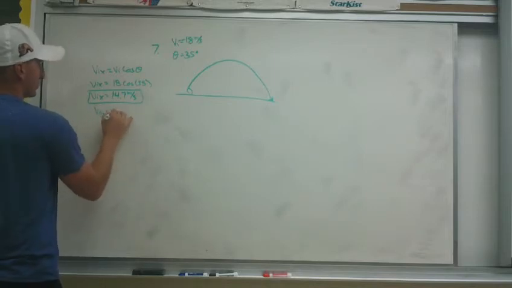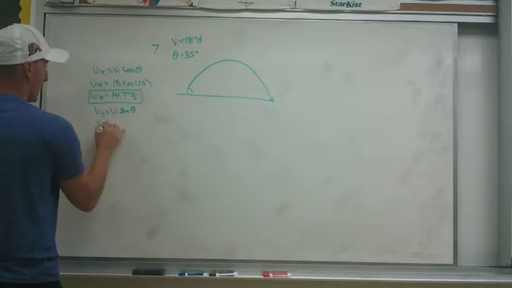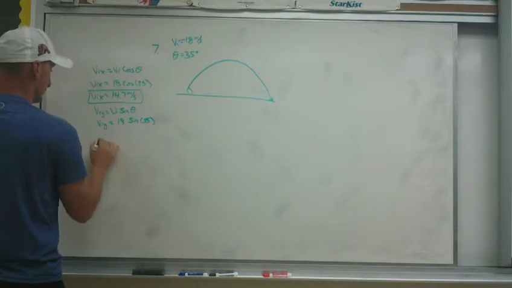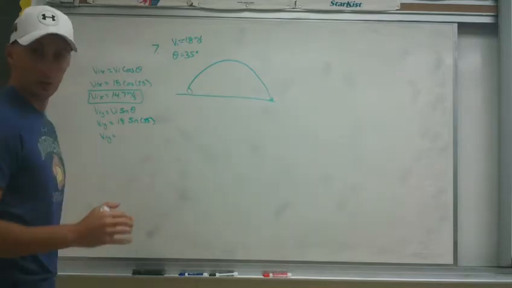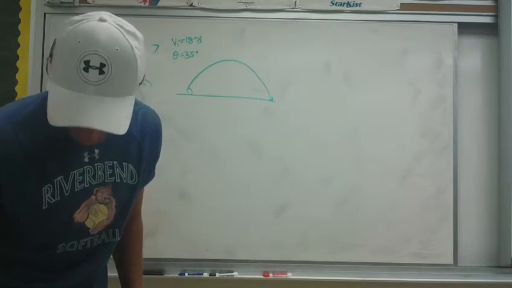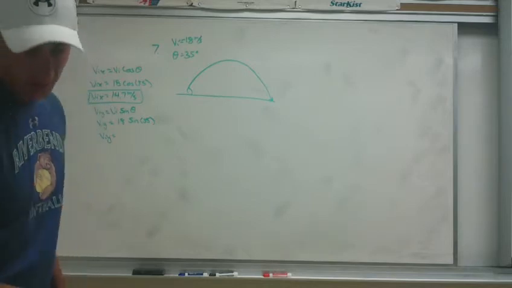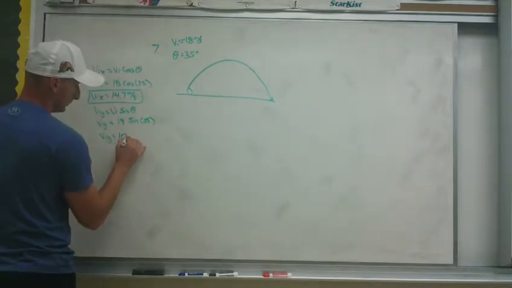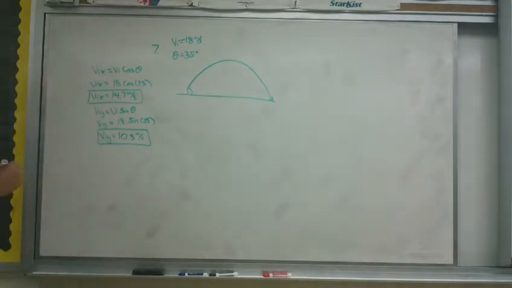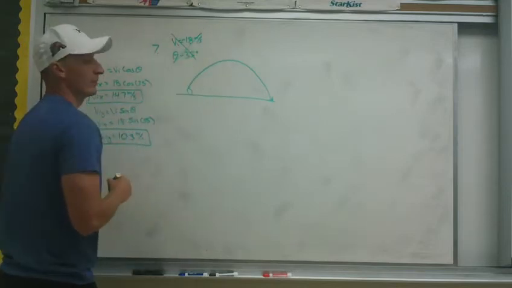VIY equals VI sine theta. VIY equals 18 sine 35. VIY equals 10.3. Once you find VIX and VIY, you never use VI again. You never ever use it.